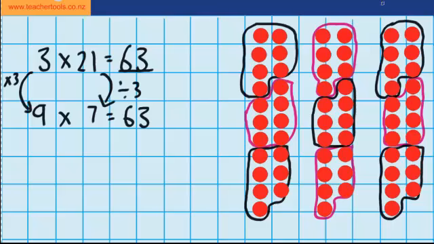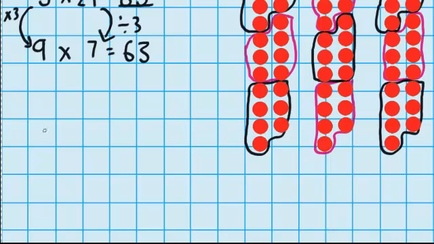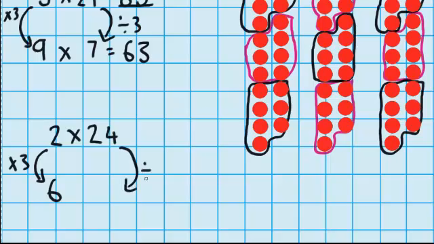Let's try another question that uses thirding and trebling. This time I've got 2 groups of 24. So I'm going to try and change this using thirding and trebling. Well, I could make that side 3 times bigger, so I'd need to times that by 3. 3 times 2 is 6, and since I've made this side 3 times bigger, I'm going to have to make this side 3 times smaller, which I do by dividing by 3. 24 divided by 3 is 8.